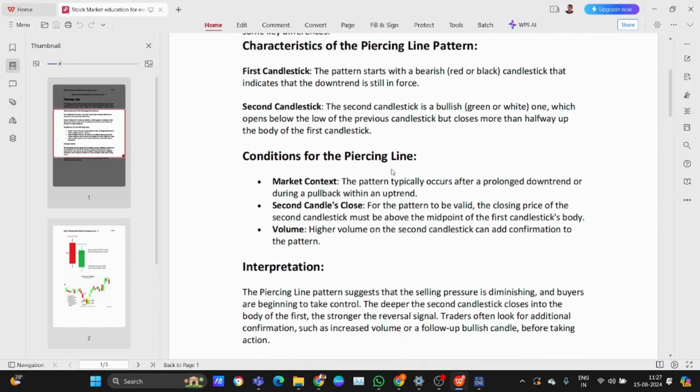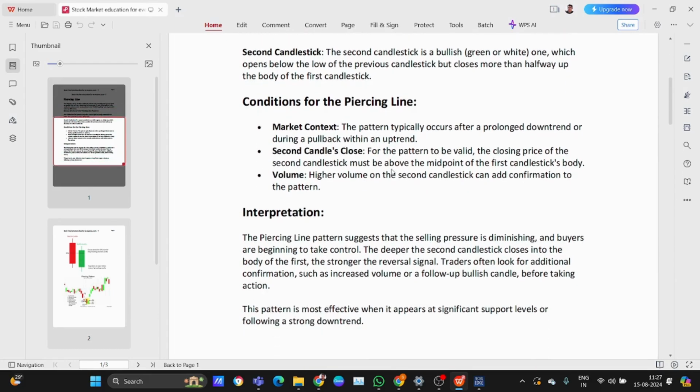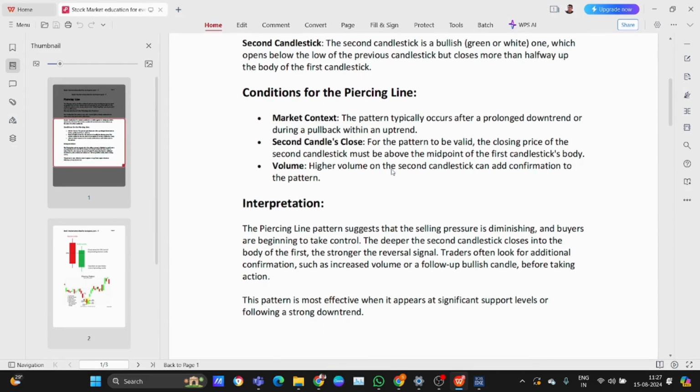Conditions for the piercing line. Market context: the pattern typically occurs after a prolonged downtrend, or during a pullback within an uptrend.